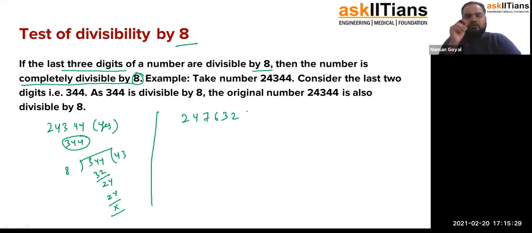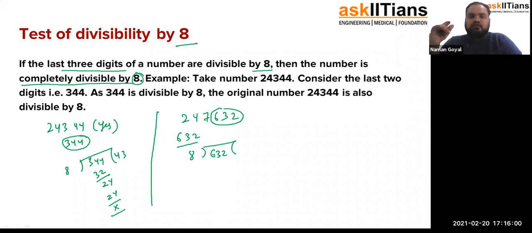For this number, we take the last three digits, which are 632. So we have to check whether 632 is divisible by 8 or not. 8 times... 8 sixes are 48, 8 sevens are 56, so it will be 7 times 56, and we got 472.